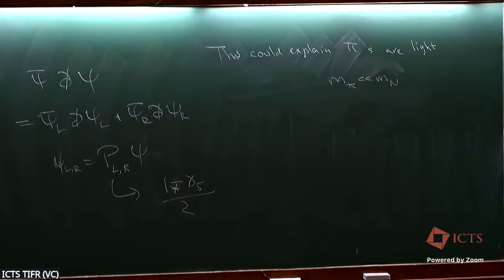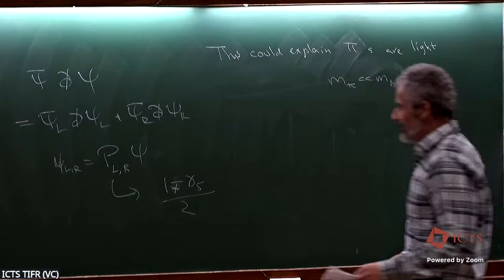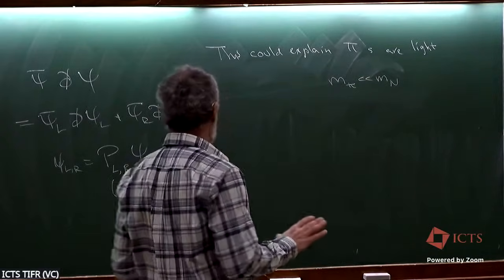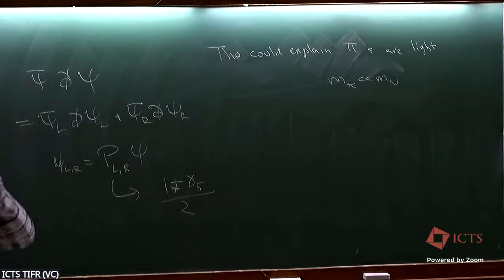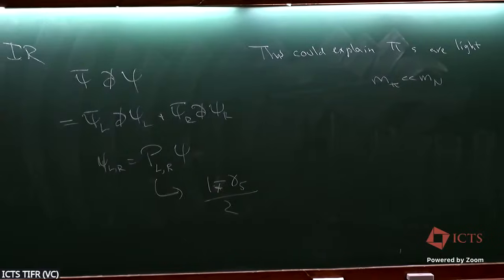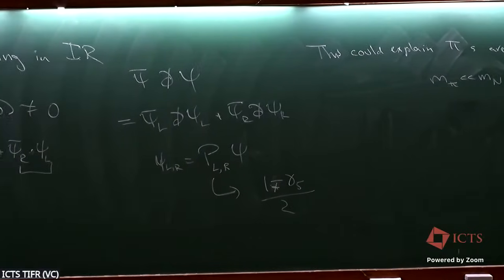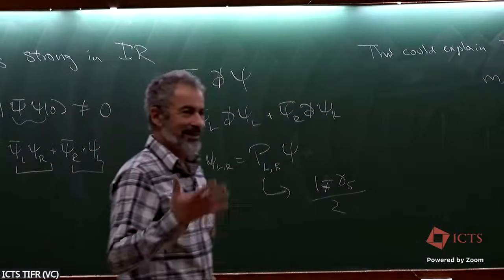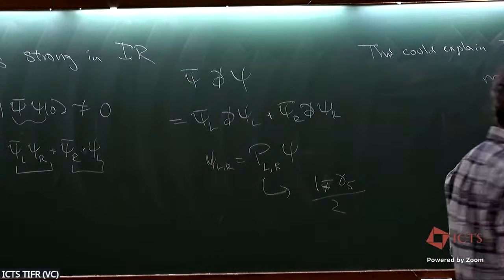Now, one thing I'd like to emphasize: what we're going to do is come up with a theory of these pions as Goldstone bosons called chiral perturbation theory. And one thing I want to emphasize is that when you spontaneously break a symmetry, the symmetry is still there.